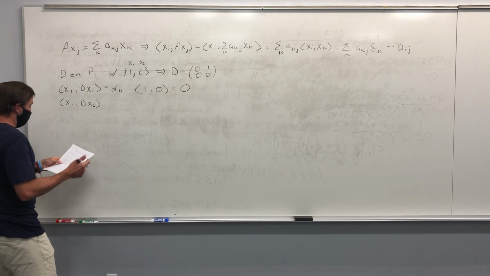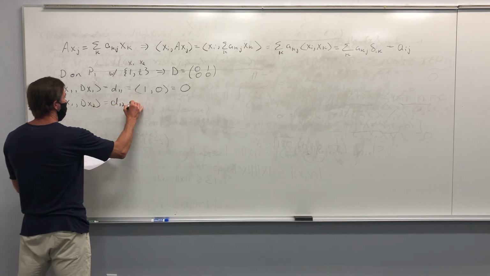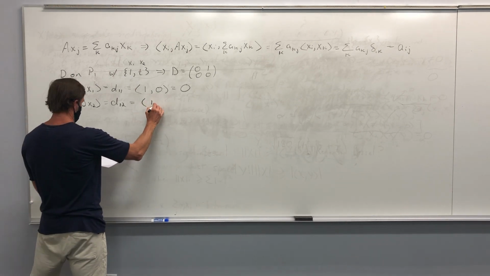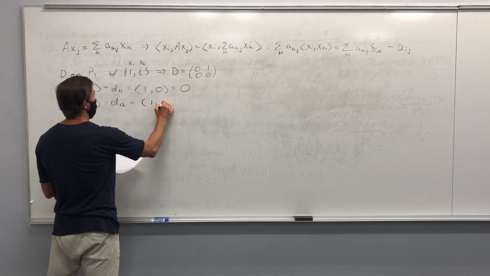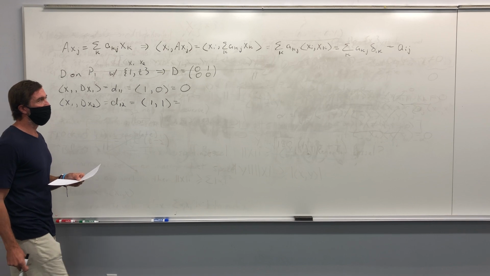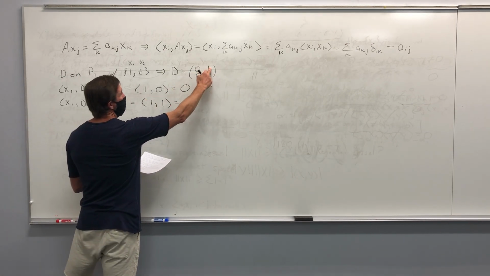But if we do x1 dx2, this is the first row, second column element. x1 is 1, dx2 is 1. The inner product of 1 and 1 is 1. Oh look, first row, second column.